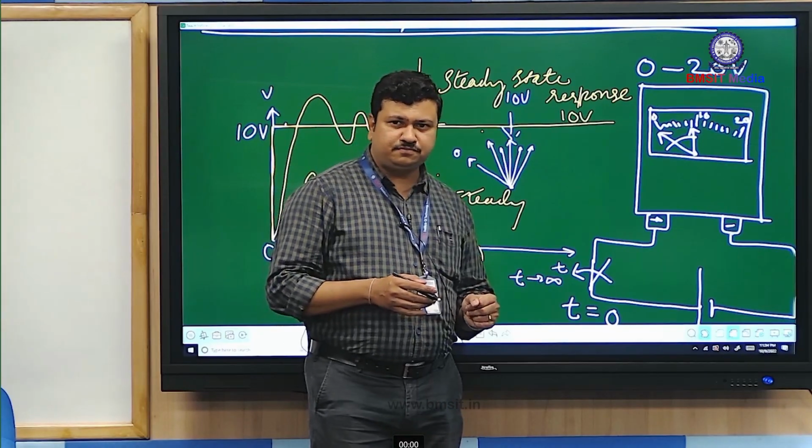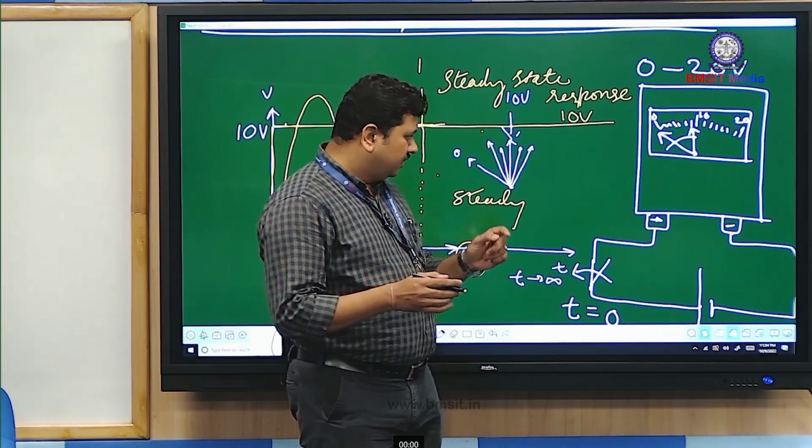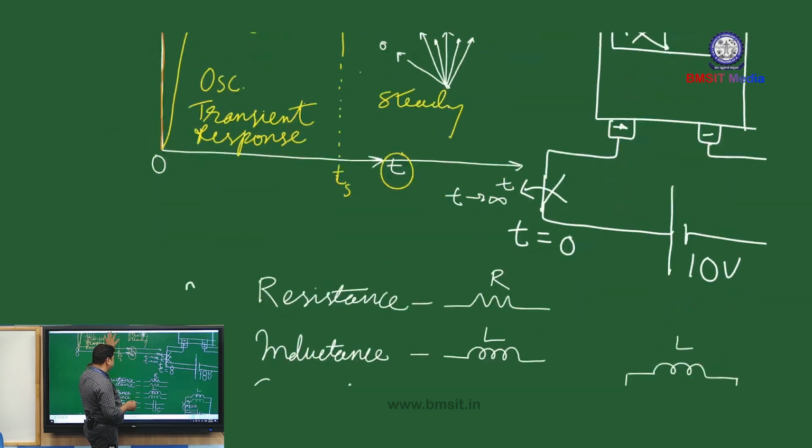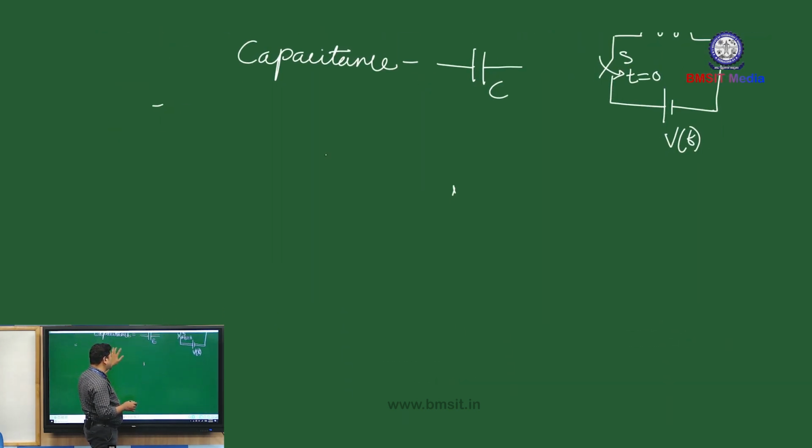So for example, suppose I have a motor. If I look at the physical model, let us take a DC motor. A motor will come with poles.